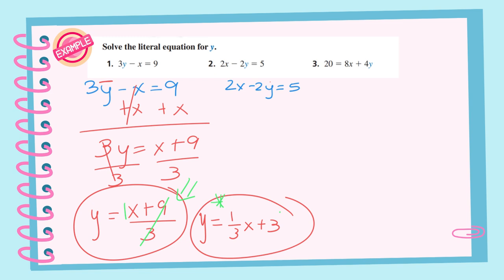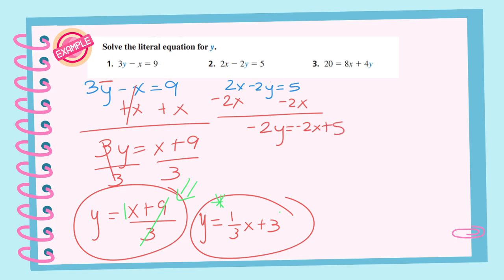If we're solving for y, who do we get rid of first to move to the other side? 2x. And this 2x is what? Addition, right? So that means we're going to use the inverse, which is negative 2x. And I'm left with negative 2y equals negative 2x plus 5.